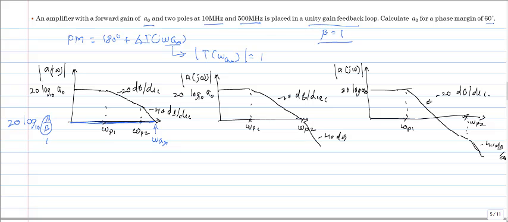And for the second case, I draw the same line at 0 dB for my closed loop gain, because since the value of beta is basically equal to 1, we end up with the same kind of graph. But this time our omega gx would end up at a frequency that is equal to omega p2.